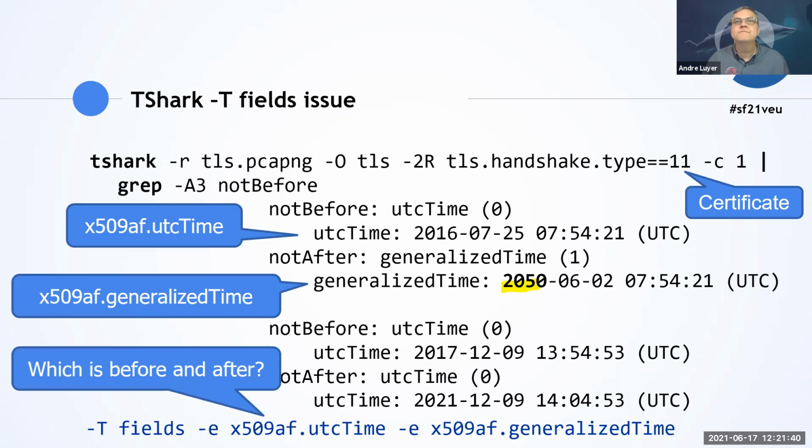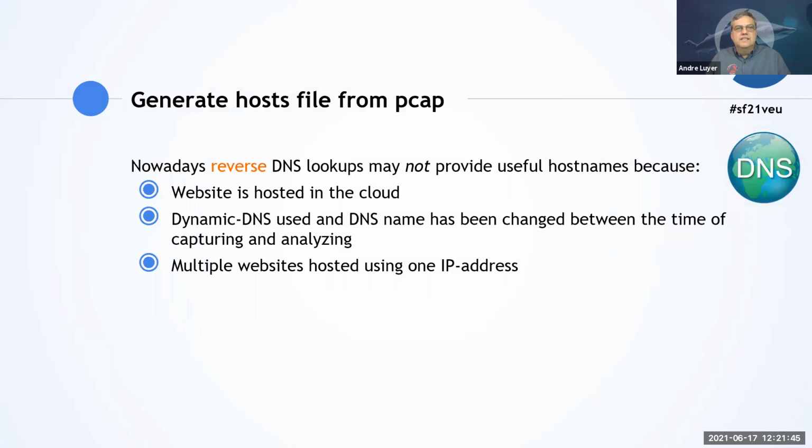Okay. Well, let's go for a practical example. Let's generate the host file from the PCAP file itself, because reverse lookups may not provide useful information anymore, either because the website is hosted in the cloud, so when you do a reverse lookup you get a very strange name, or dynamic DNS is used and the names have changed between the time you captured it and the time you started analyzing.